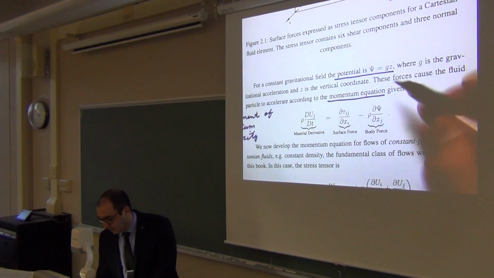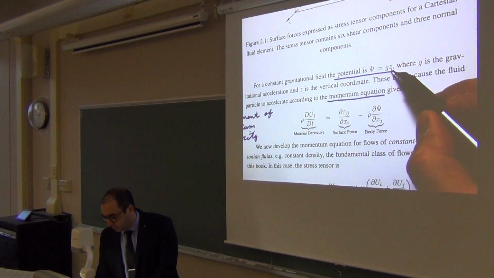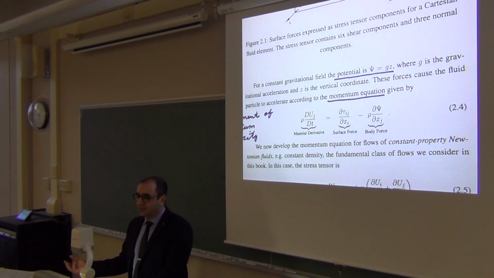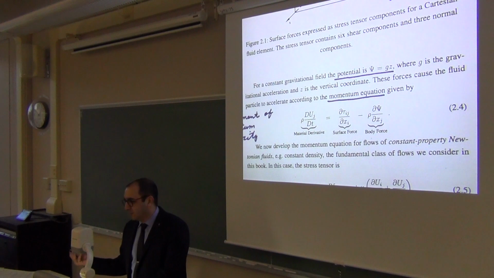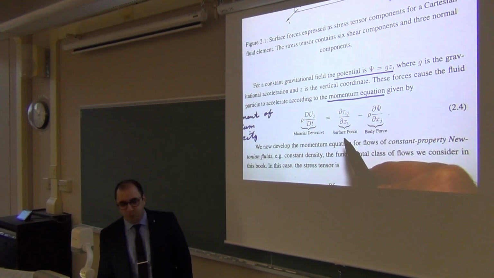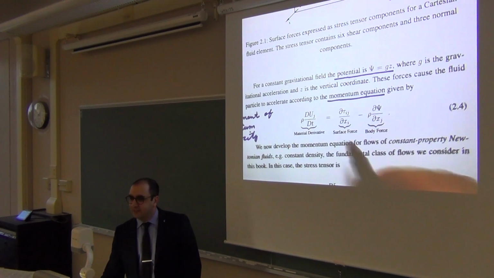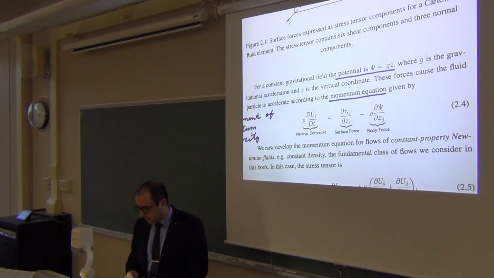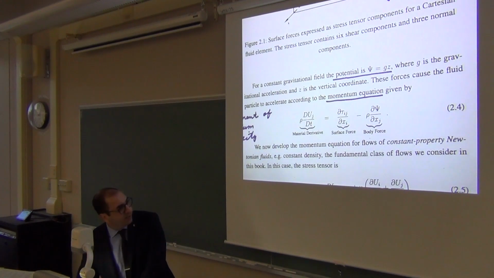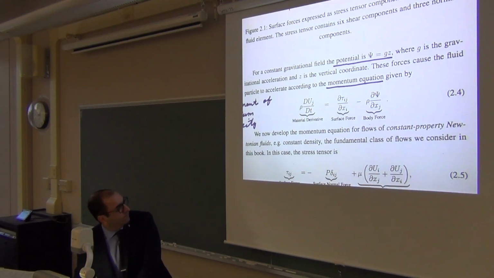So if you take the derivative of this potential with respect to z, g remains. So that term is not too unfamiliar. It's just some constant in the equation. But the surface forces need a little bit more work. And that's where a lot of the theory is applied. So that takes a lot of thinking.